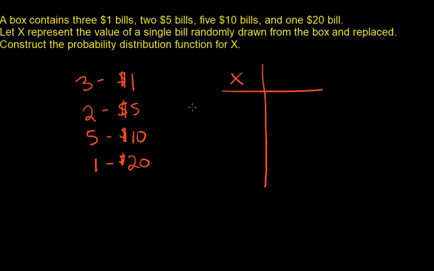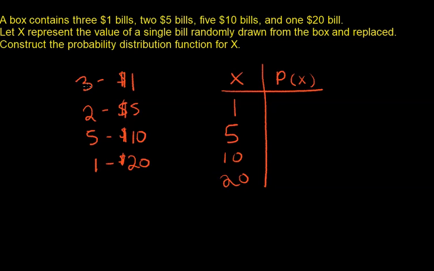Let's go ahead and start drawing this out. So x is the value of a bill. So the bills that are in the box are either 1, 5, 10, or 20. Then now we just need to figure out the probability associated with each of these different bills. Starting with 1, what's the probability that we're going to get a 1 if we draw into the box?